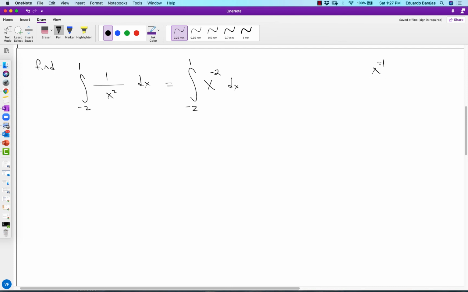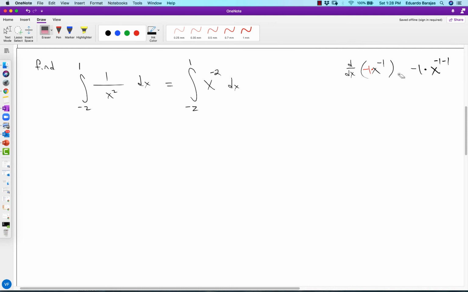If I do a guess and check process, when I take the derivative with respect to x of this function, I would bring the negative 1 out in front, minus 1 times x to the minus 1 minus 1. So it gives me the correct exponent, but then I have this extra lingering negative 1. That's how I know to introduce an extra negative 1 out in front.